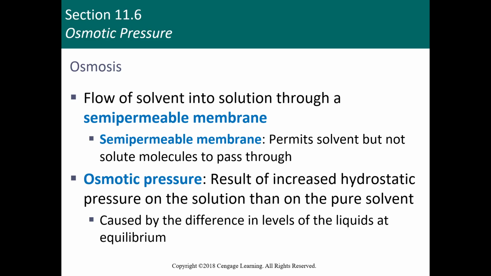The semi-permeable membrane, what that means, if you just look at the wording, it actually tells you. Semi meaning sometimes, permeable meaning it lets some of the stuff through, membrane, so it lets some things through and doesn't let others. This is going to permit a solvent, but not solute molecules, to pass through. And that's just like the membranes on your cells, by the way.